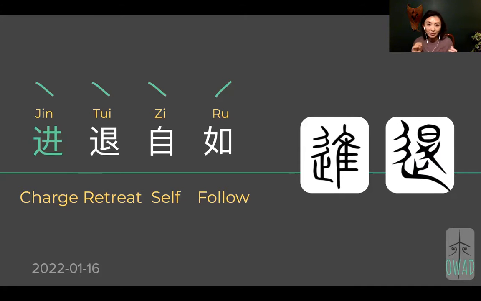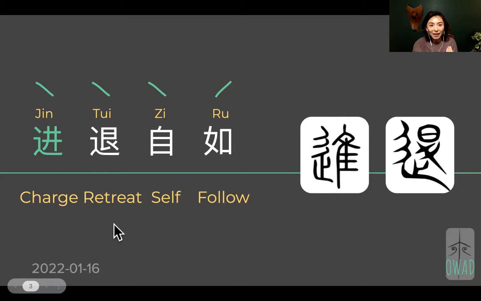So it's good to know where it came from, how we express moving forward and backward. But because I cannot use two English characters here, I use charge, which means moving or attacking, right? Forward attacking, and backward means retreat. So these are kind of military terms to mean charge or retreat.